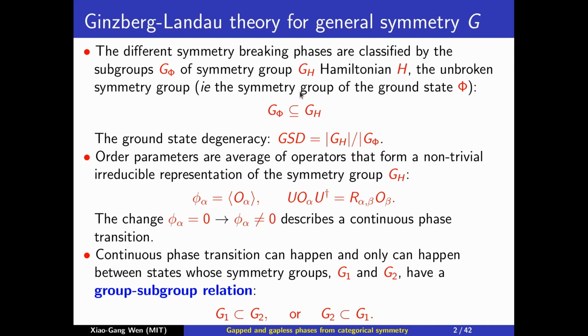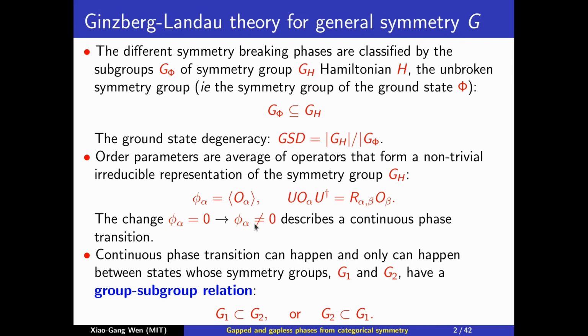So this pair of groups describes a symmetry breaking phase. That's how we label different symmetry breaking phases. Then we have the order parameter, which transforms non-trivially under this symmetry transformation, and its average gives rise to an order parameter. Zero versus non-zero describes this phase transition.